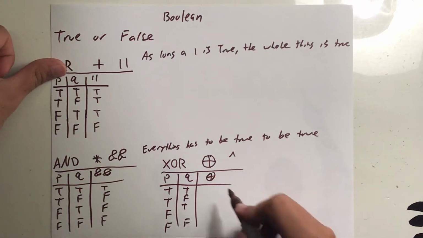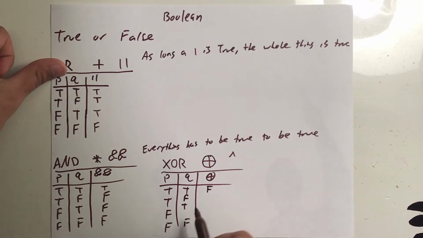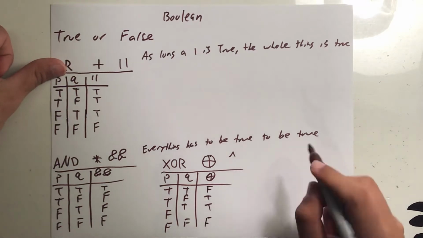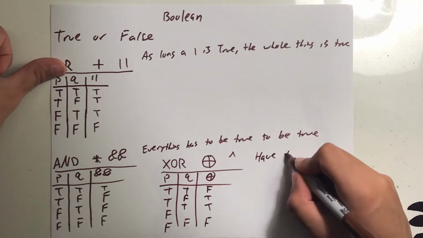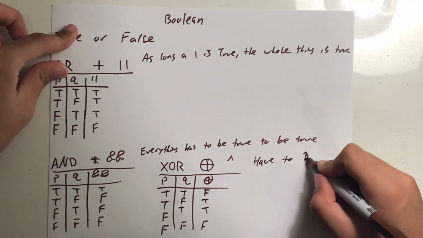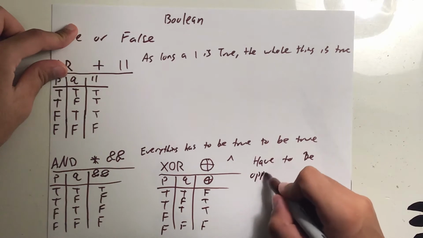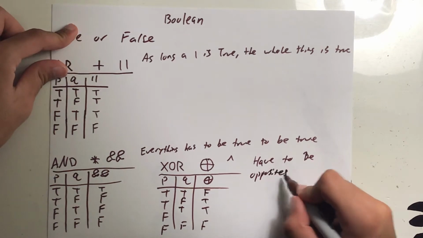True exclusive or true gives you false. True exclusive or false gives you true. False exclusive or true gives you true. And false exclusive or false gives you false. So for exclusive OR, they have to be opposites to be true.